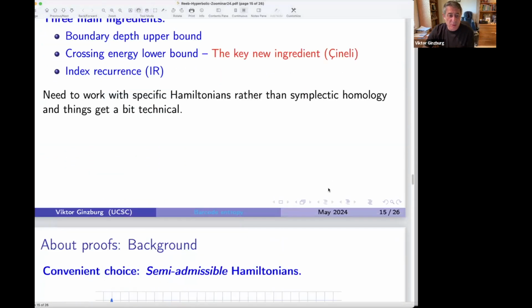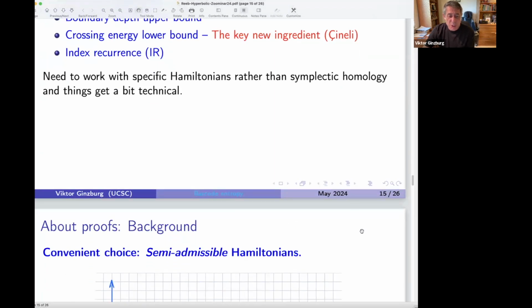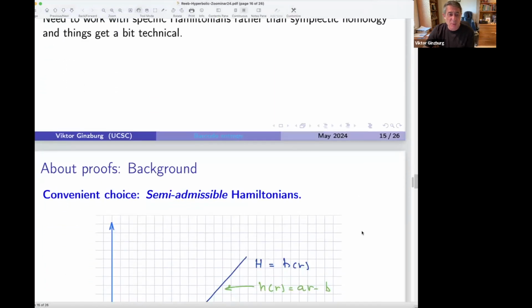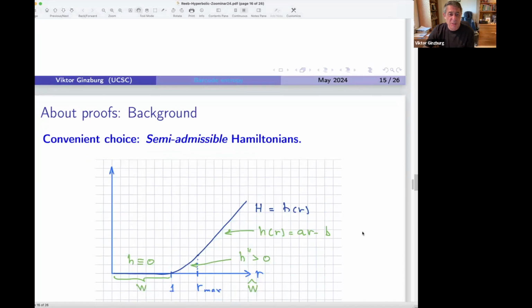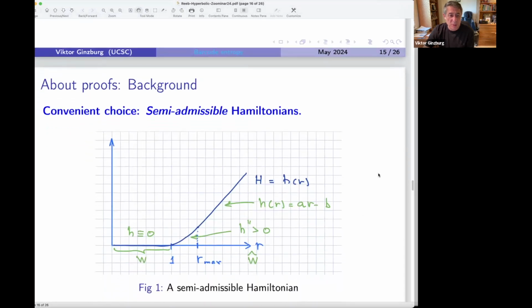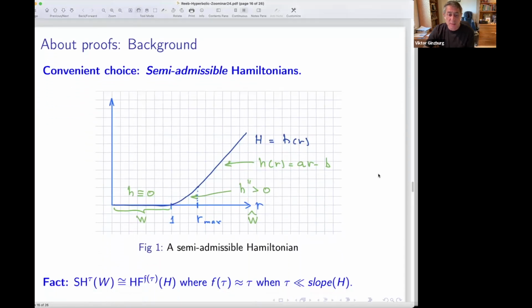The class of Hamiltonians which is the most convenient for our purposes is called semi-admissible Hamiltonians. These look like this. Here is your Liouville domain. The horizontal axis in this picture is simultaneously the symplectic completion of the Liouville domain.